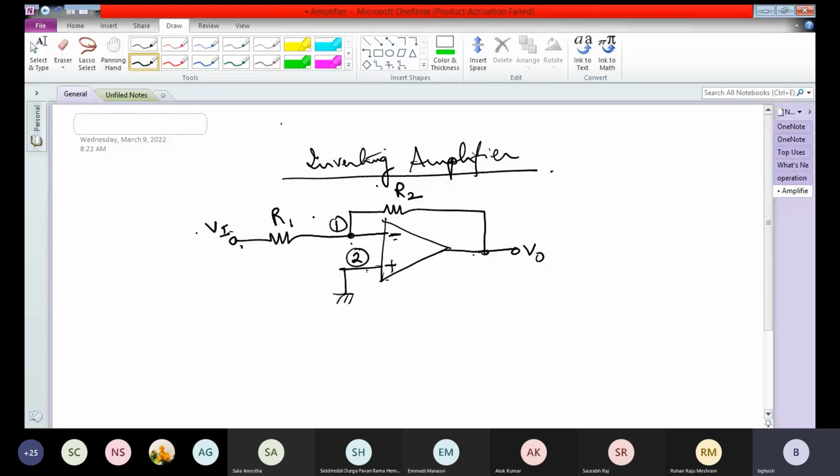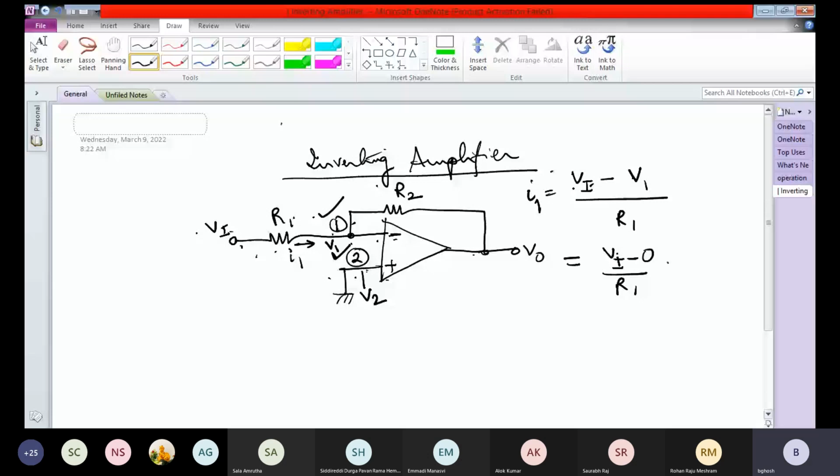So we can say that I1 here, because this terminal and this terminal are virtually short, we can say I1 equals Vi minus, let's call this V1, let's call this V2, Vi minus V1 by R1, and that is Vi minus 0 by R1, that is Vi by R1.